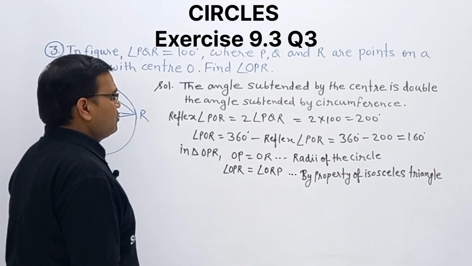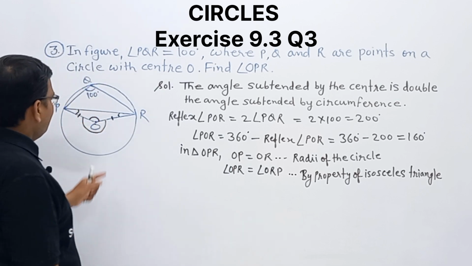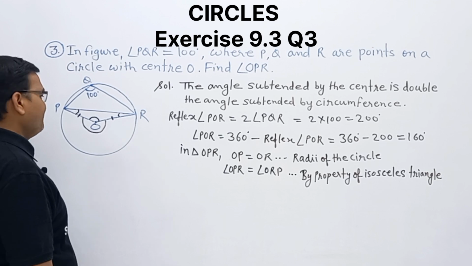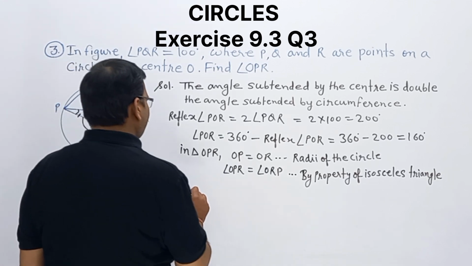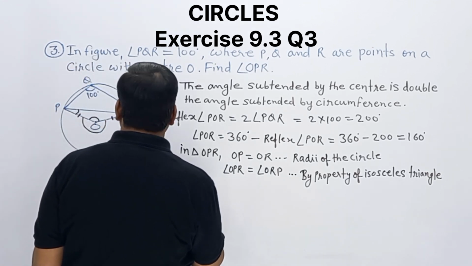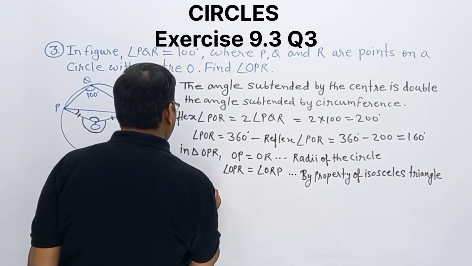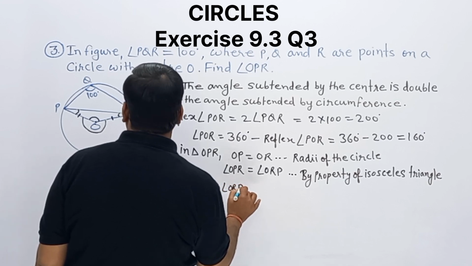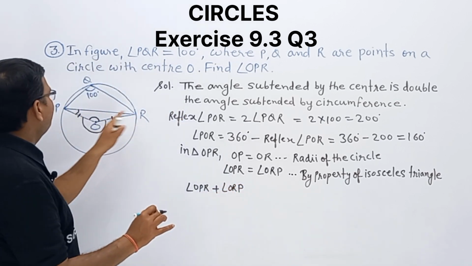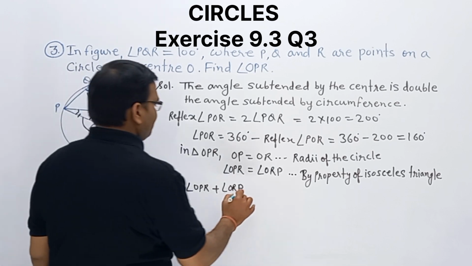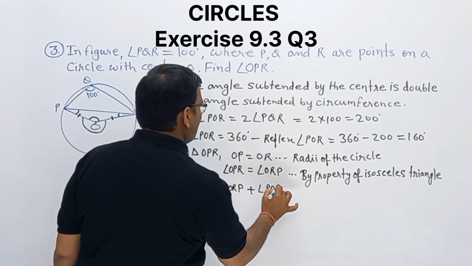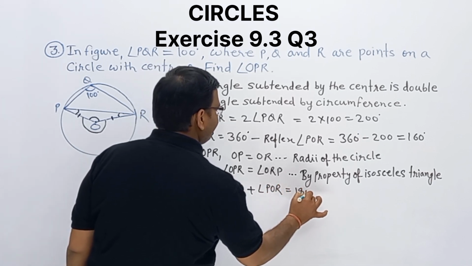Clear? So in a triangle, the sum of all angles is 180. So we can say the sum of all three angles, angle OPR plus angle ORP plus angle POR, equals 180 degrees.